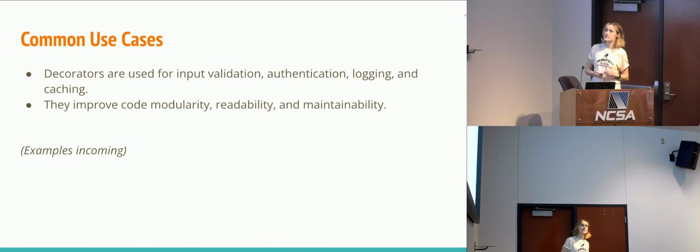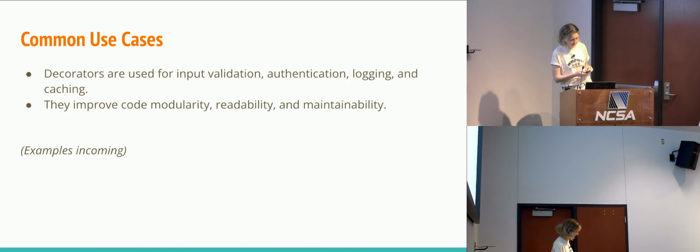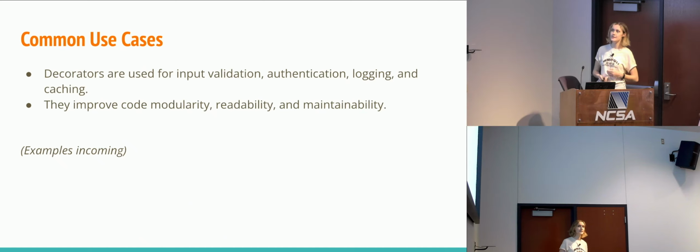Common use cases will be input validation, authentication, logging, and caching. And they, in general, improve code modularity, readability, and maintainability, which are all things we love to do with object-oriented programming.